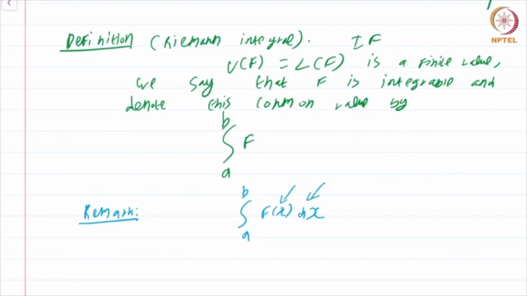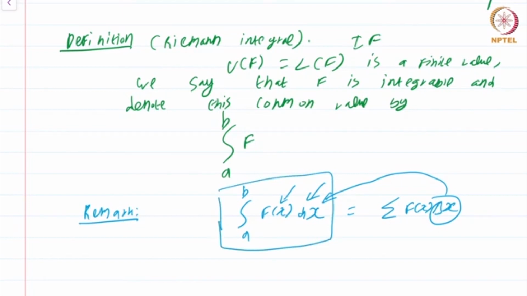Presumably what was trying to be captured is an analogy with some f of x delta x, and you're shrinking delta x to 0, so you want to represent that infinitesimal quantity by dx. I guess this was the original motivation, but to actually make sense of this precisely requires quite a lot of machinery, the modern tools called differential forms. So I will try to avoid this notation. According to me it really doesn't add any clarity.